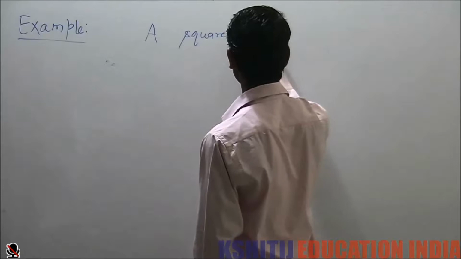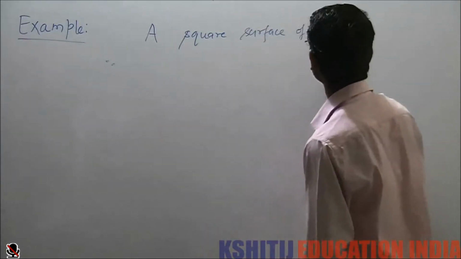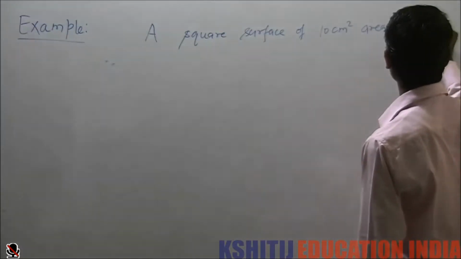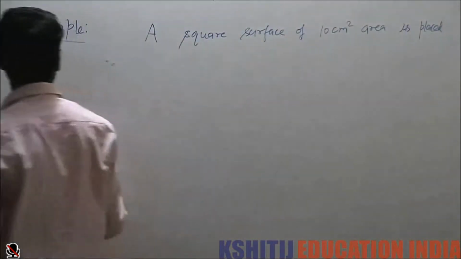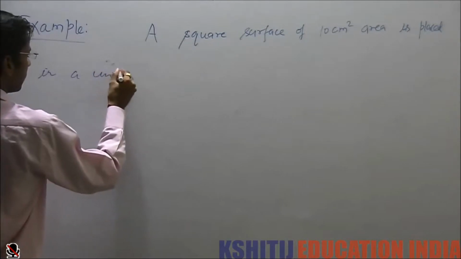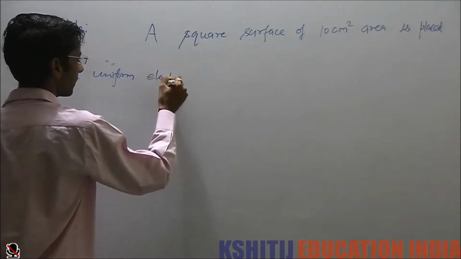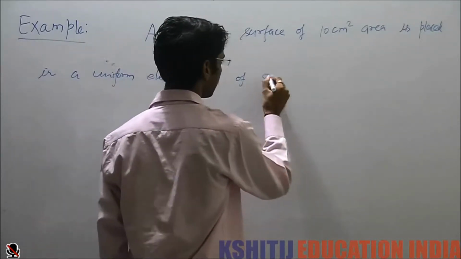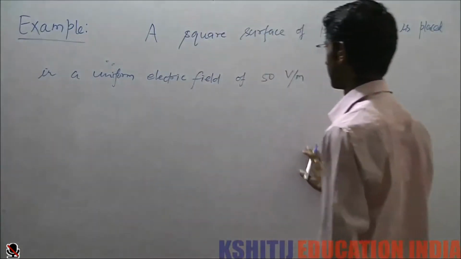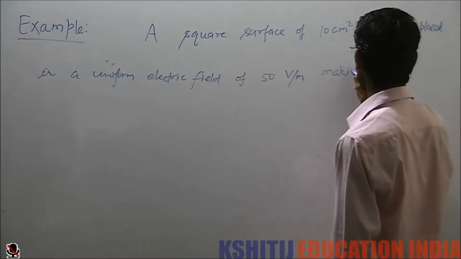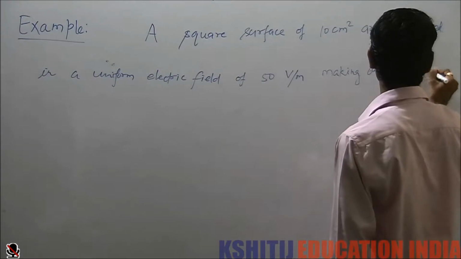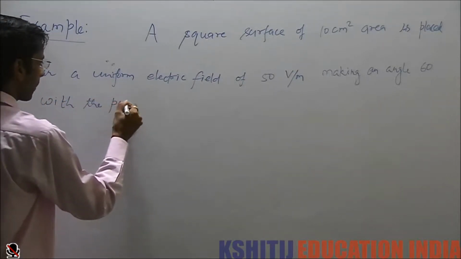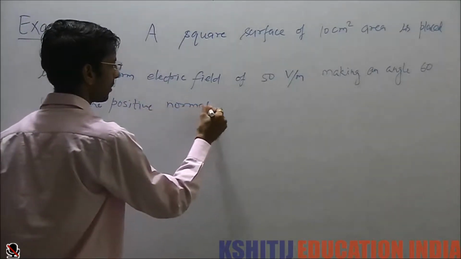A square surface of, let's say, 10 centimeter square area is placed in a uniform electric field of, let's say, 50 volt per meter, making an angle of 60 degrees with the positive normal of the surface.